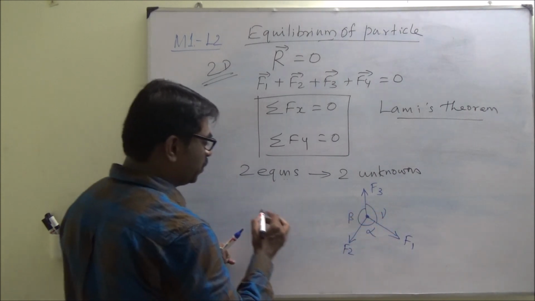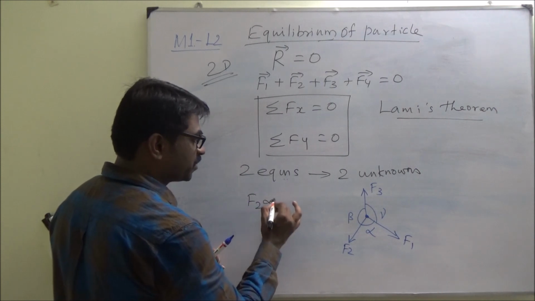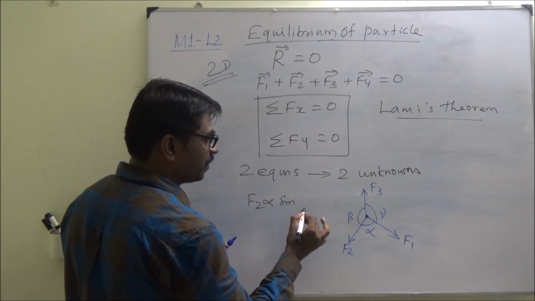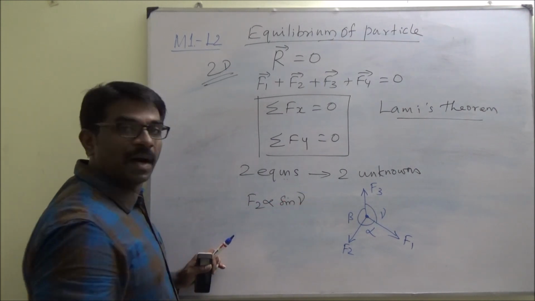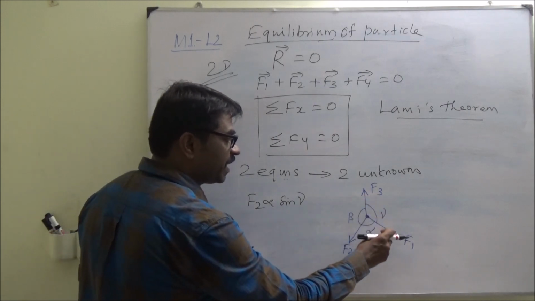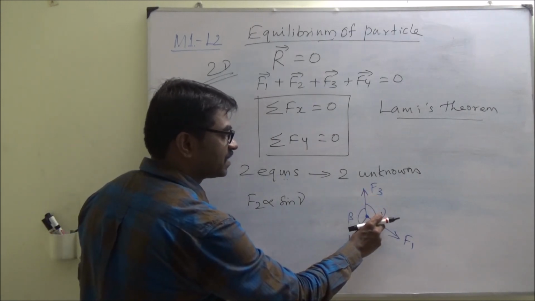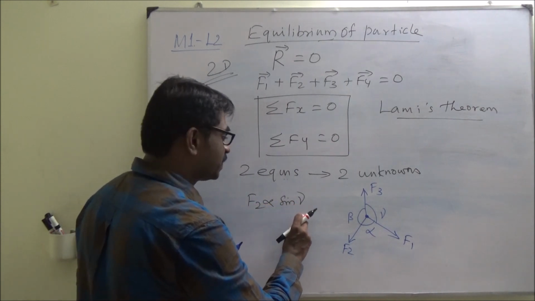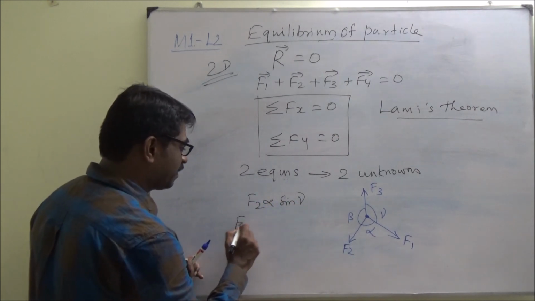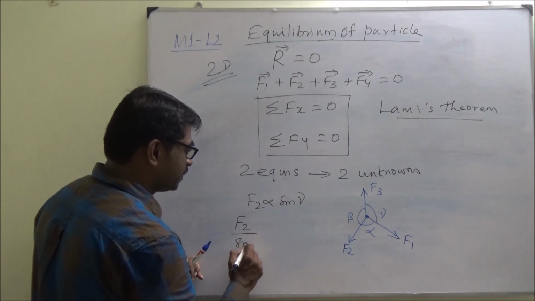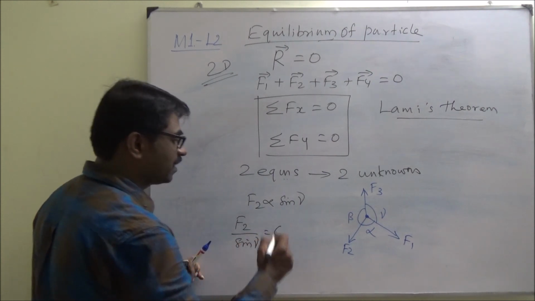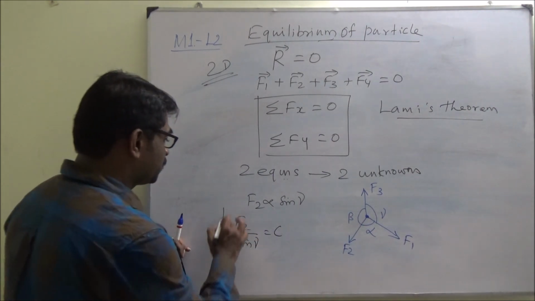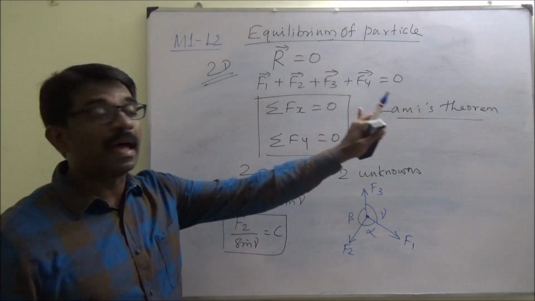So the angle subtended by the other two forces is gamma, and F2 is proportional to sine gamma. Then I can write F2 by sine gamma is a constant. This is Lami's theorem.